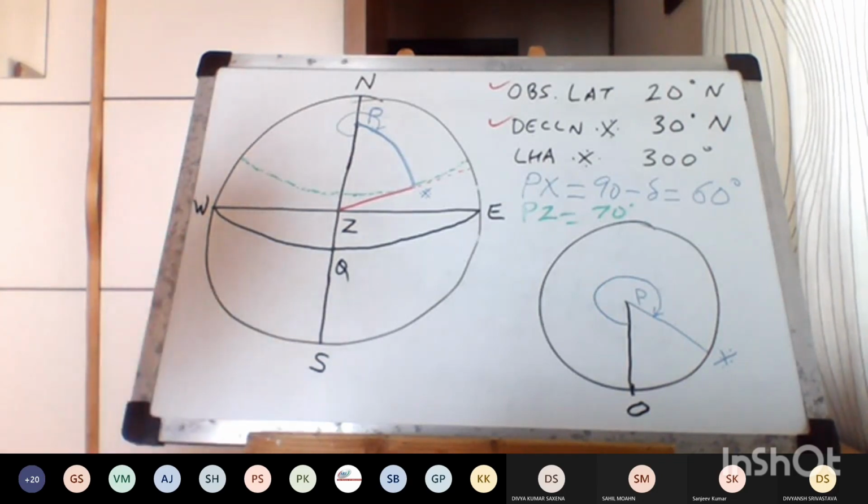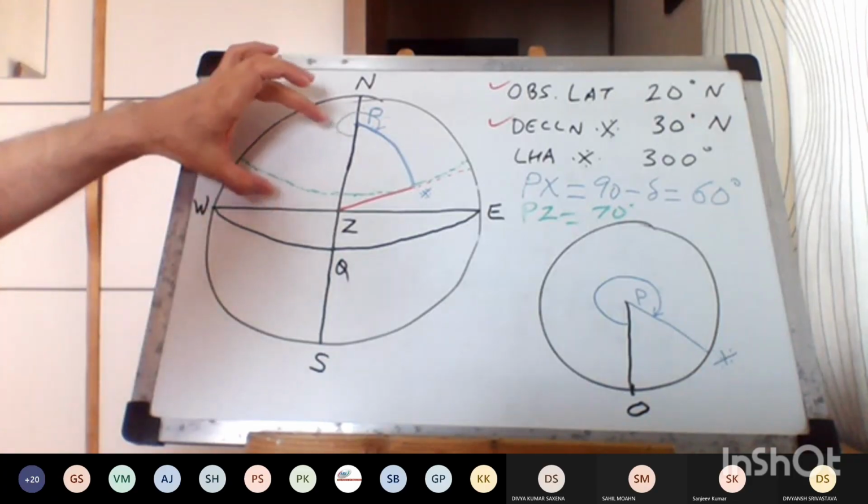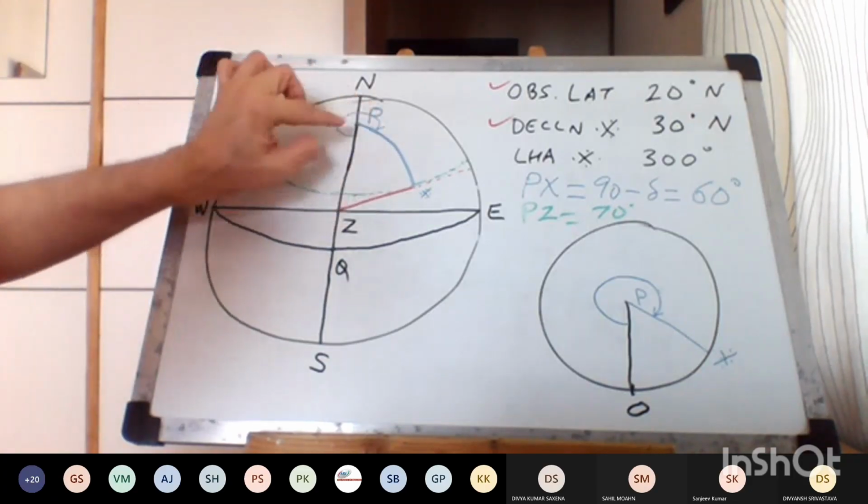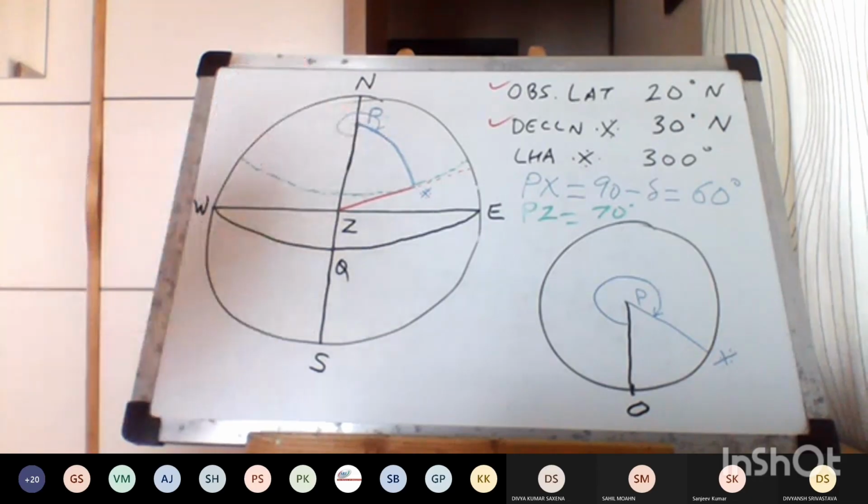Have you understood this clearly? Why we did not do the PZX triangle on this side, but we did on this side, because of the LHA and these sort of things. Okay.